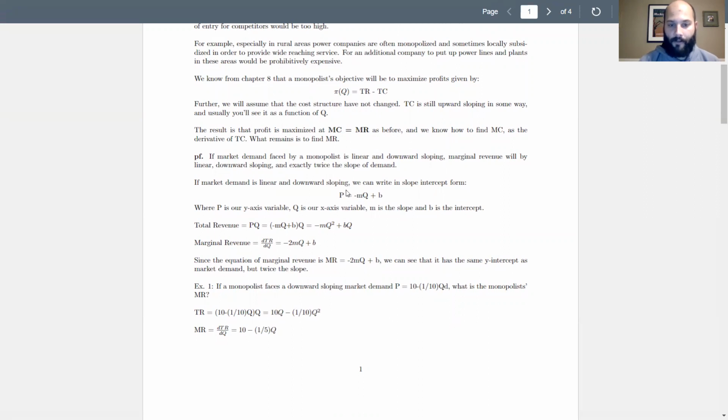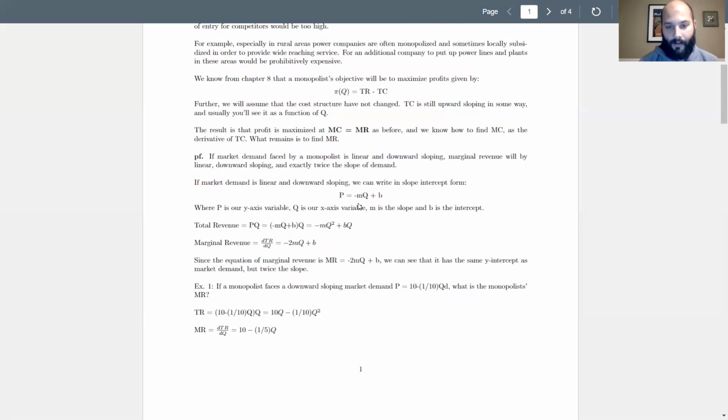If market demand is linear and downward sloping, we can write it in slope-intercept form: P equals our intercept minus our slope times Q. Our total revenue would be P times Q. Here's P, multiply our price times quantity, and then we just distribute this Q. So here's our total revenue.